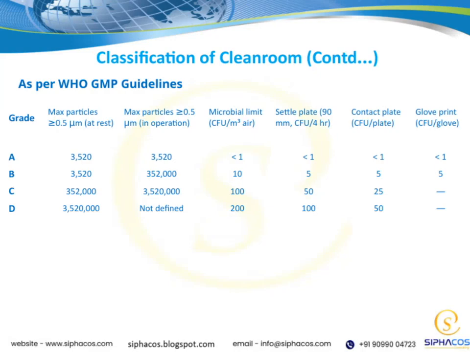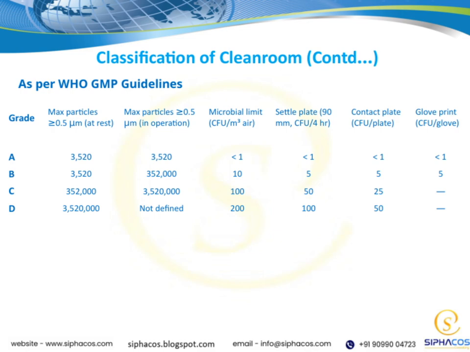Let's take a closer look at this table, which outlines the classification of cleanrooms according to cGMP guidelines. As you can see, the table is divided into different grades, from A to D, each with specific air quality and microbial limits. Starting with grade A, which is the highest level of cleanliness, the maximum particles of 0.5 micrometers at rest and in operation are both limited to 3,520 particles per cubic meter.